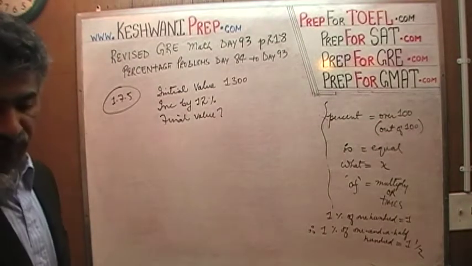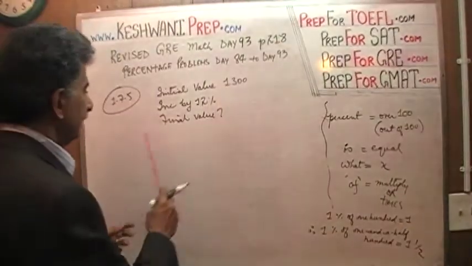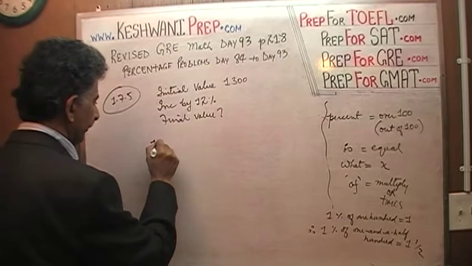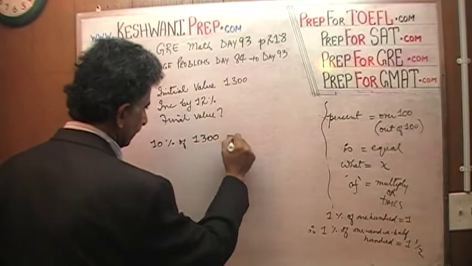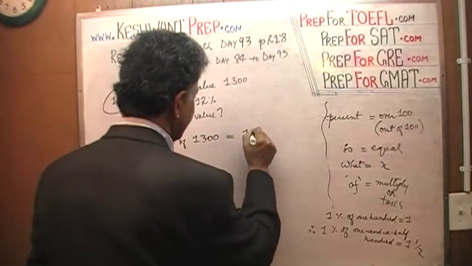We have to find out 12% of 1300. We know that 10% of 1300, well, that's very easy to do. Just knock out a zero, take a tenth of it, which is 130.